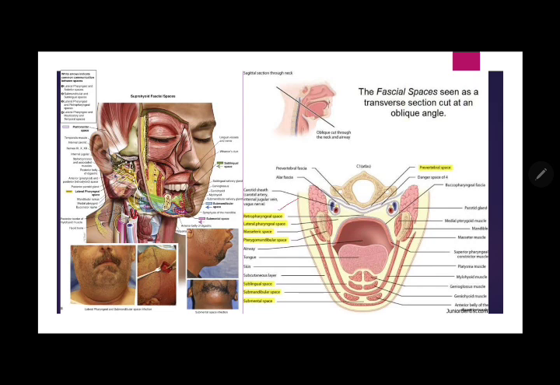Here is the retropharyngeal space, lateral pharyngeal space, masticatory space, pterygomandibular space, sublingual space, submandibular space, submental space. This picture shows the anatomical position of different facial spaces in different aspects.